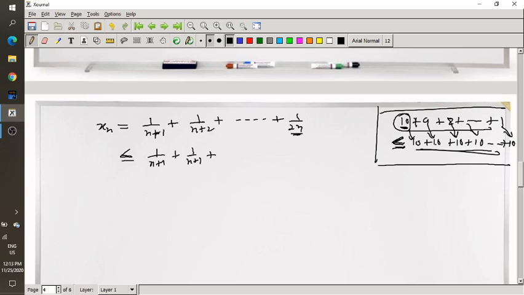So if I replace all the terms by 10, then obviously this sum will be greater. So here I am doing the same thing. I am replacing by the largest term. Now you need to observe why it is largest. As I have already explained, because the denominator of this term is smallest, this is largest.